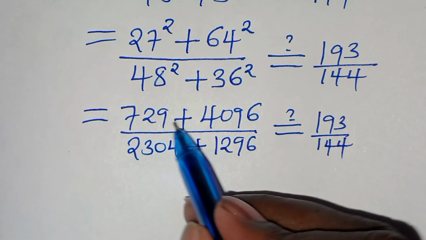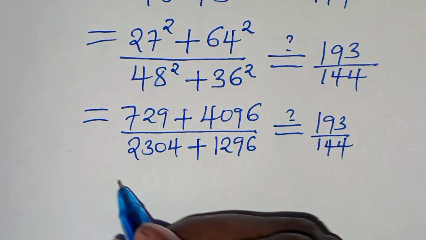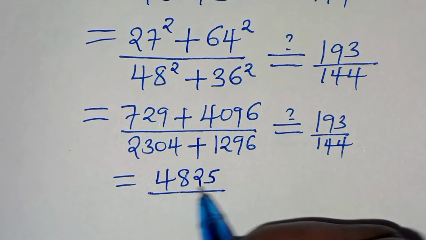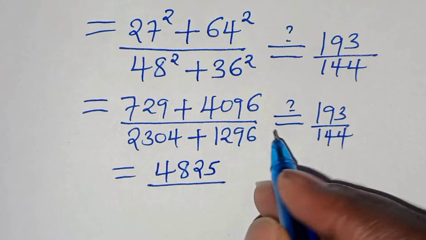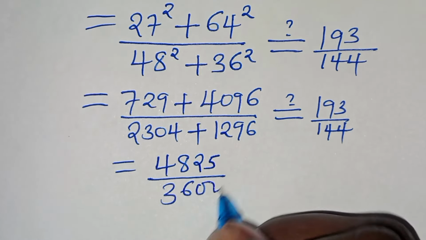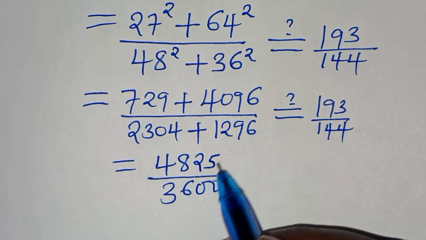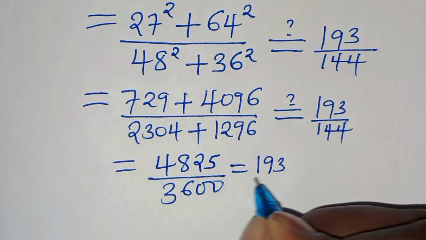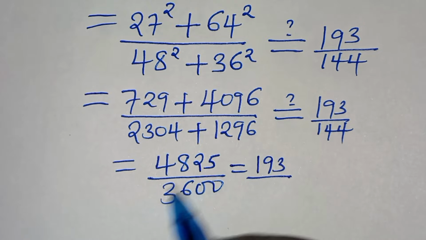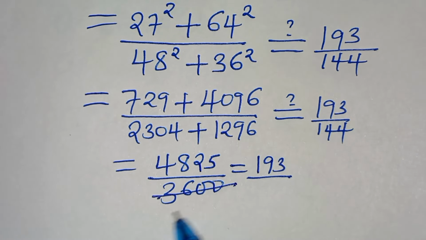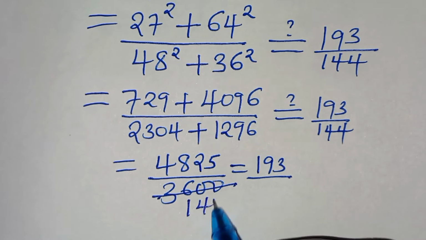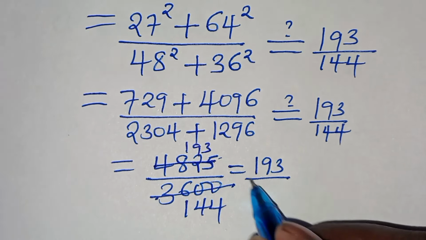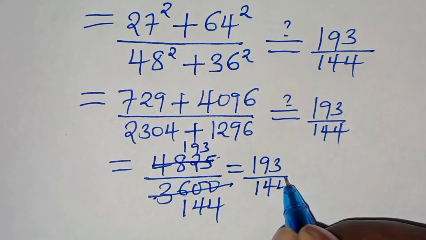So 729 plus 4096 is 4825, divided by 2304 plus 1296, which is equal to 3600. So 4825 divided by 25 is 193, and 3600 divided by 25 is 144. If we simplify by 25, we have 193 over 144.